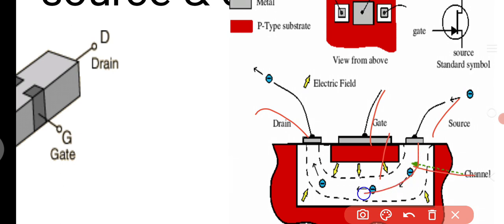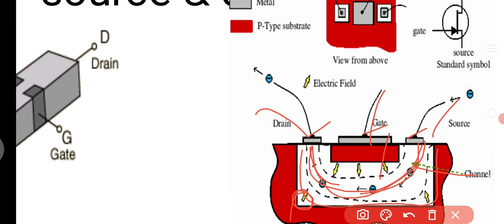This channel is from source to the drain, that is the majority carriers will be flowing from source to the drain. The remaining space will be called the substrate. The silver color indicates the metal contacts of the three terminals.